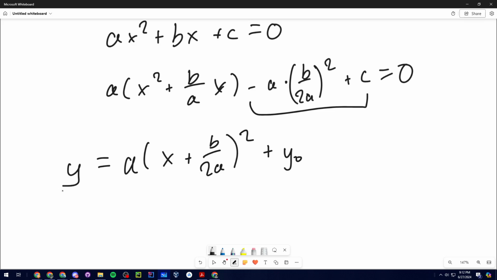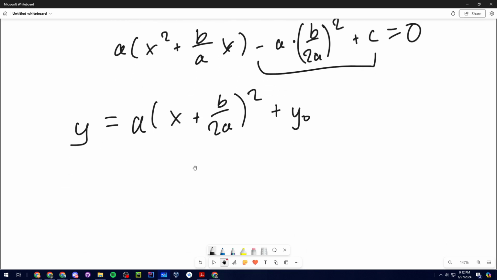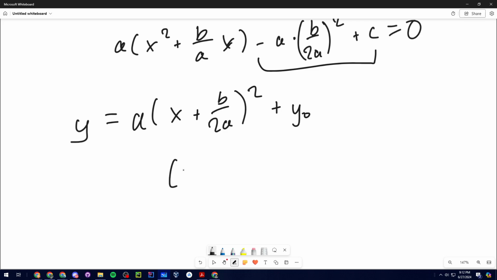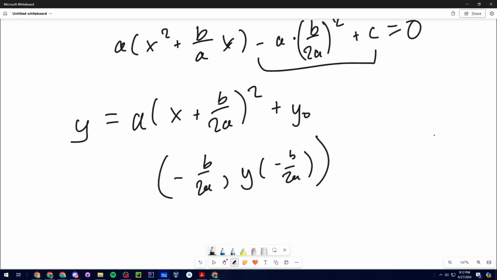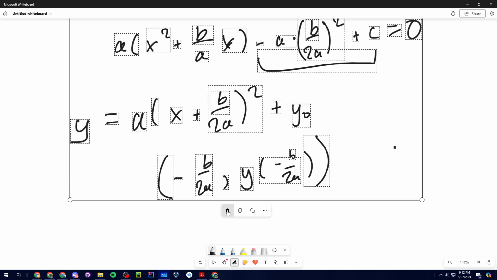You'll notice that the y is just the function definition. The only thing I really cared about showing you was this, because the vertex is in the form of negative b over 2a, comma, whatever that is. So I'll just say y of negative b over 2a, right? So that's just how it works. That's pretty much the proof of why it works.